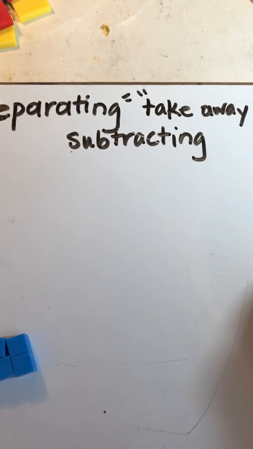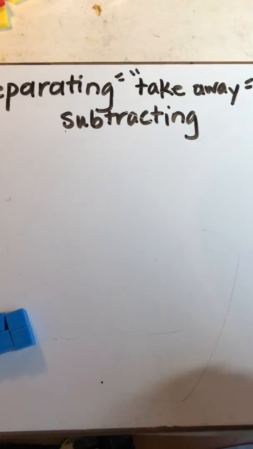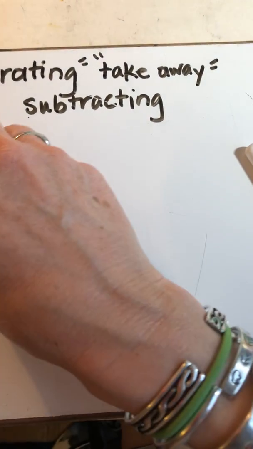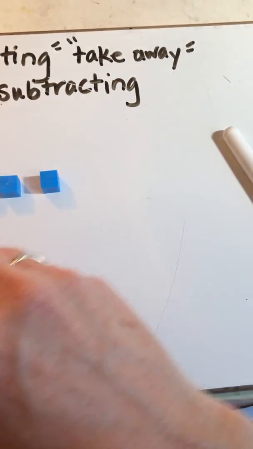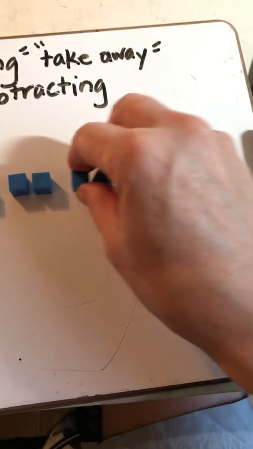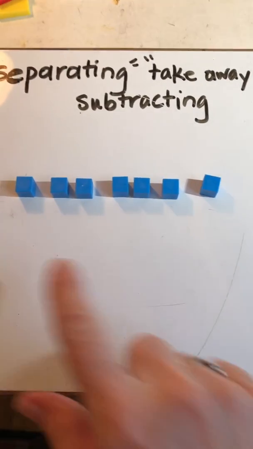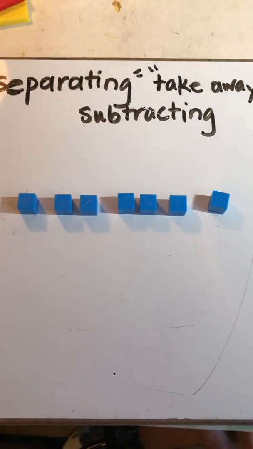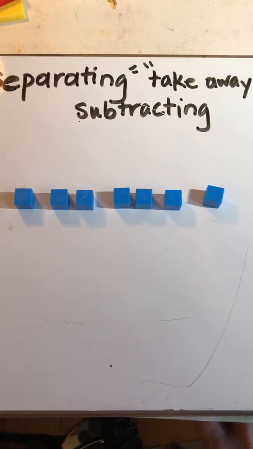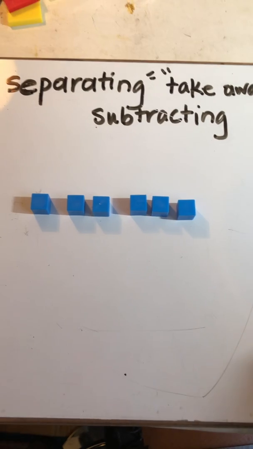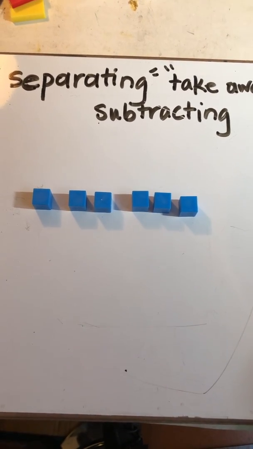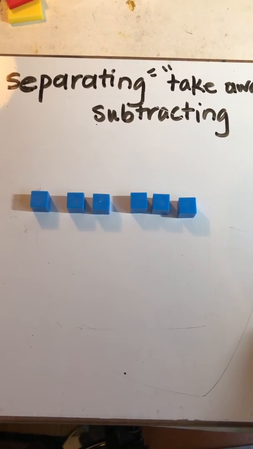Okay, our next story. Cecily gave her brother David 7 quarters. So I'm going to count out our counters to be Cecily's 7 quarters. 1, 2, 3, 4, 5, 6, 7. Are you doing this with me? She's got 7 quarters. Danny took 1 of them. How many did Cecily have left? Sure, 6.